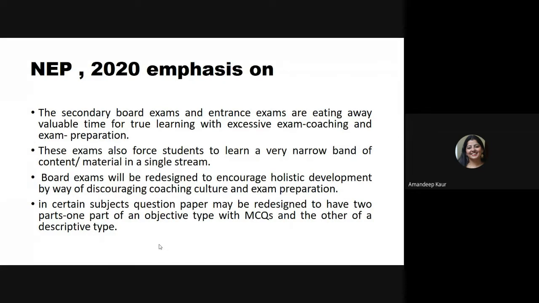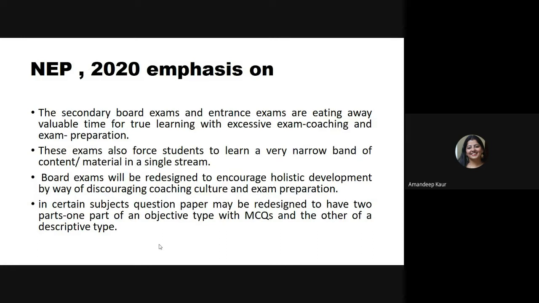So they said the board exam will be redesigned to encourage holistic development by discouraging the coaching culture and exam preparation. In certain subjects, the question paper may be redesigned to have two parts, one part objective type with MCQs and the other part of descriptive type statements.